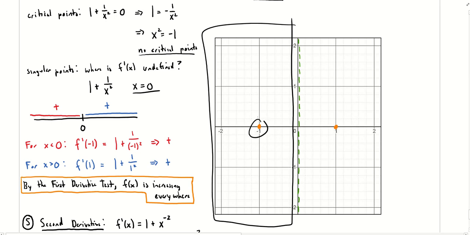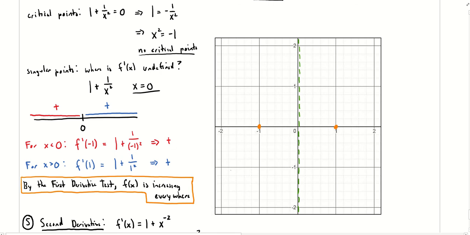So I have to pass through this point. One way that I could draw an increasing concave up function on this side of the graph would be maybe something like this. Let me make it a little more clear that this is a vertical asymptote.